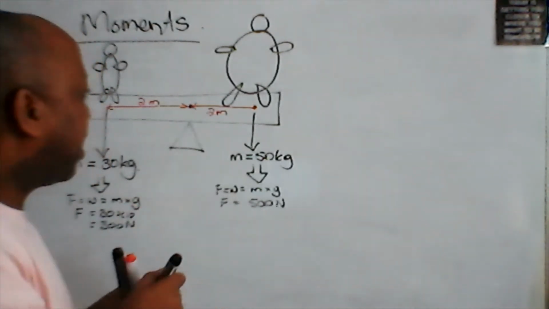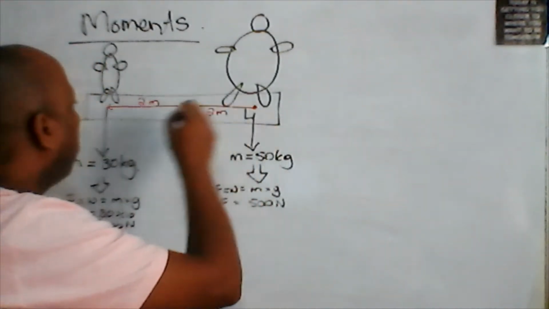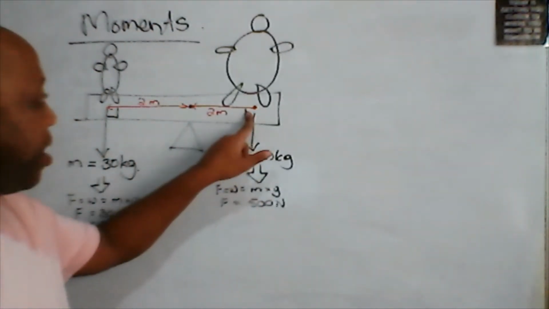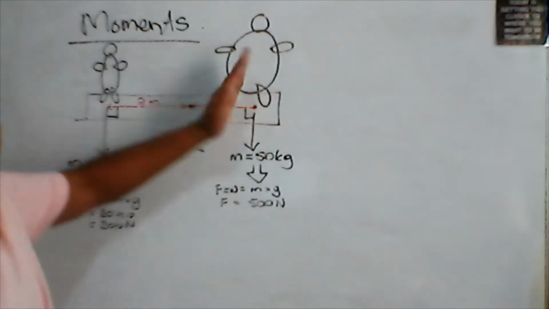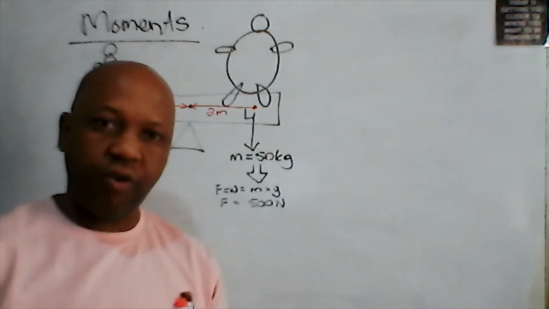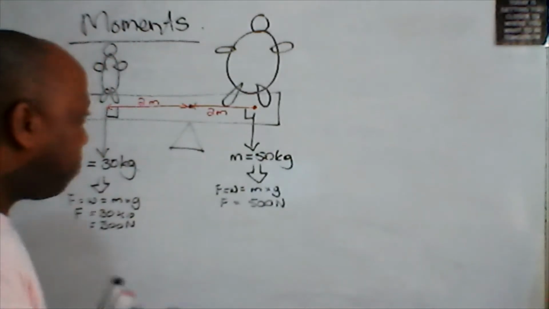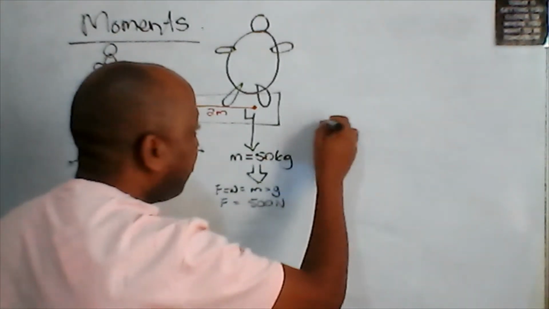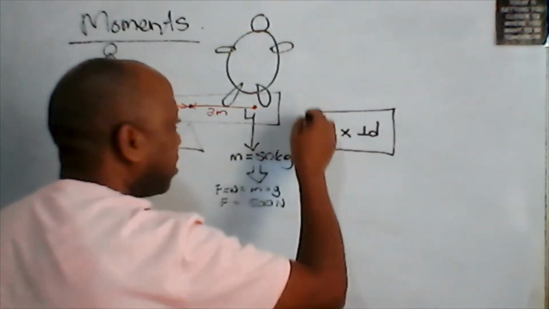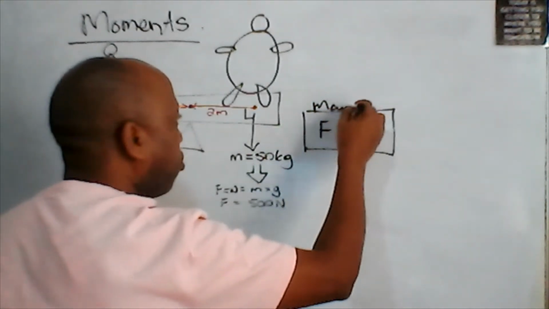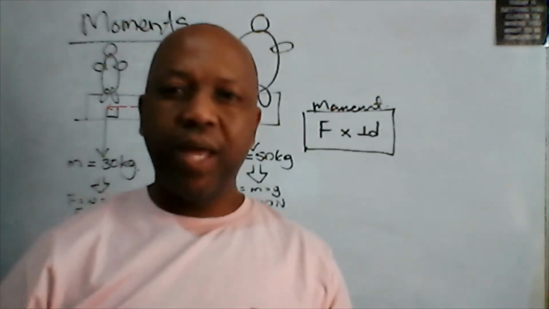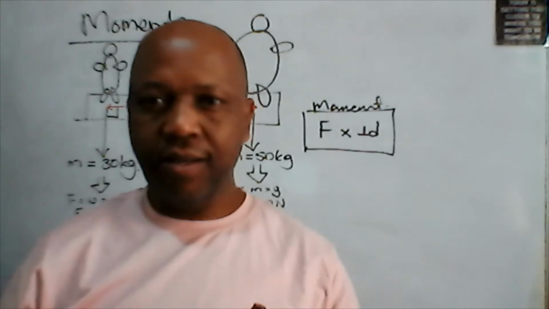You might be given all sorts of distances, but if that distance is not perpendicular to the force applied, as you can see here, we cannot use that distance. You only look for the perpendicular distance, F multiplied by perp D. And that is what a moment is. Moments are defined as the force multiplied by perpendicular distance.